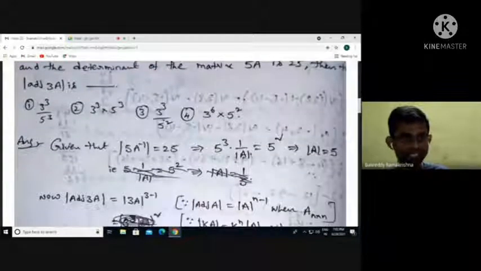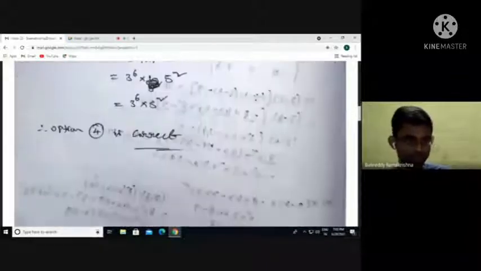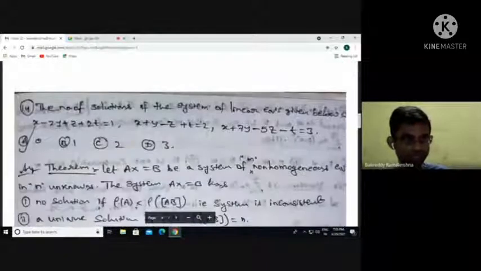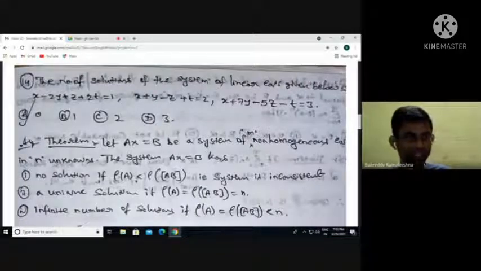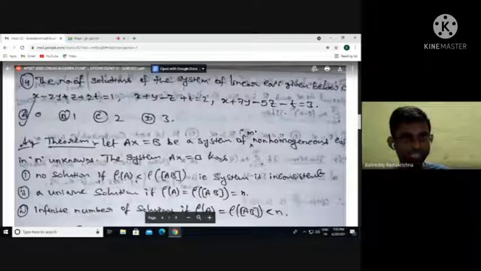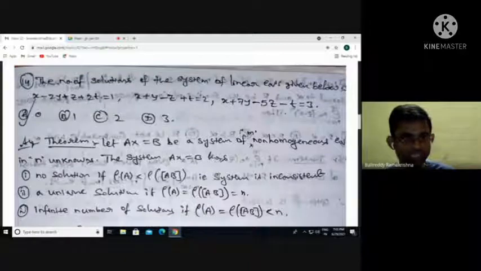Is it clear? Okay, so we will move to the next question. Question number 14. This is also from Maths, linear equations. The question is: the number of solutions of the system of linear equations given below is, the equations are x minus 2y plus z plus 2t is equal to 1.